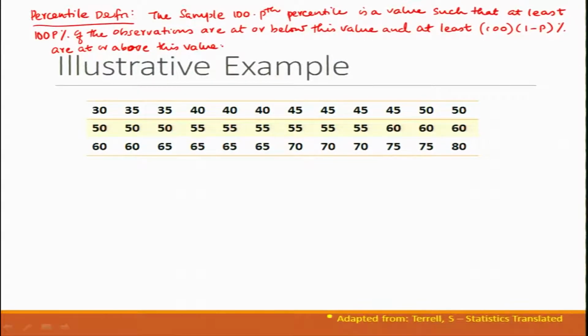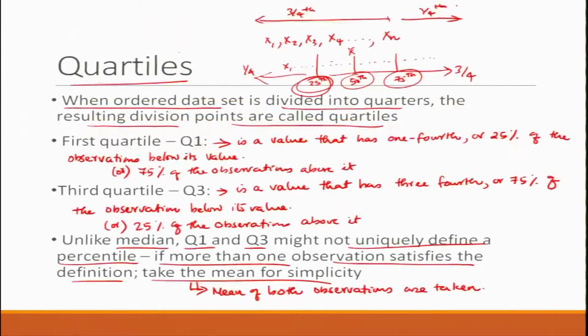So, if you look at this, the definition says the 100 pth percentile is a value such that at least 100 p percentage of the observations are at or below this value, and at least 100 times 1 minus p percentage of observations are at or above this value. The previous case is exactly what I was talking about.